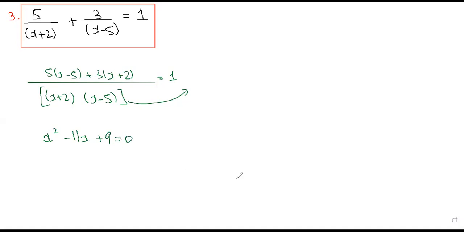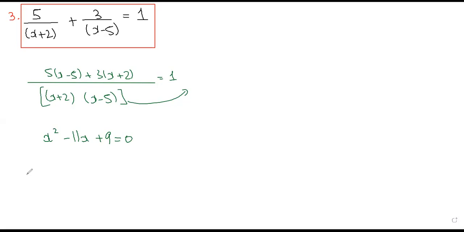Now this is a quadratic equation, and this time you need to solve it by the completing the square method. You're not supposed to factorize, and you're not supposed to use the quadratic formula. So how do we do it?